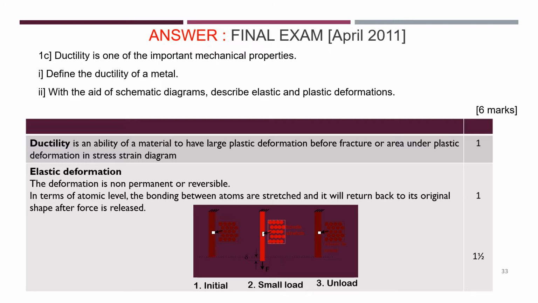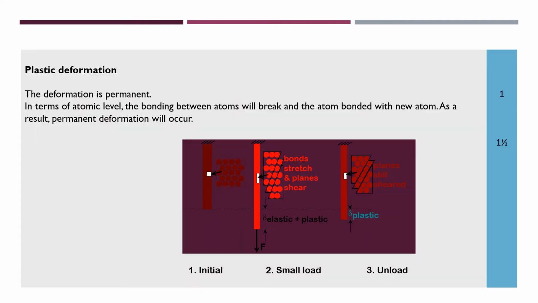The initial diagram and after the stress is unloaded are the same. So elastic deformation is a deformation that is non-permanent or reversible. It can be returned to the original position. At the atomic level, the bonding between atoms is stretched and it will return back to its original shape after the force is released.